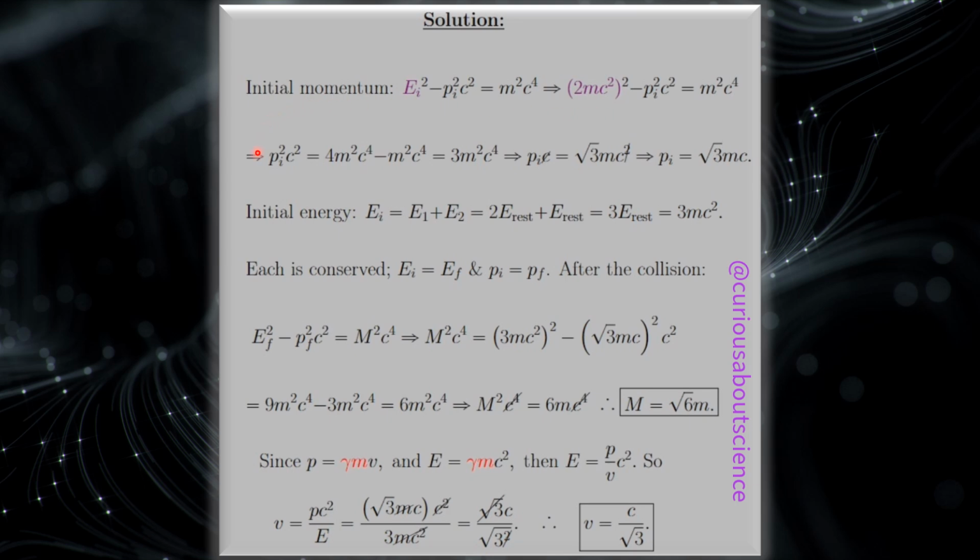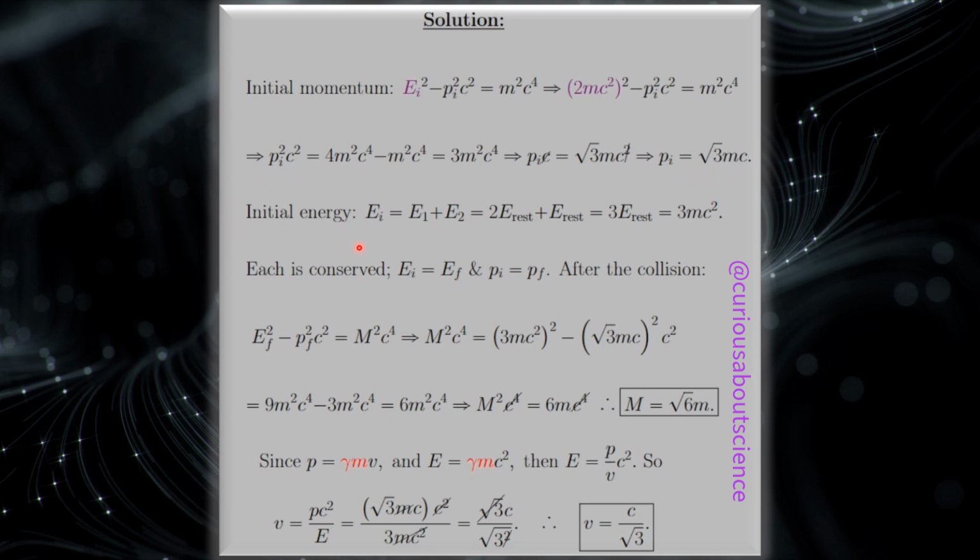Now we just have to solve for the initial momentum p_i by moving everything over, adding that over, minus the m squared c to the fourth, and letting algebra do its thing. We can take the square root of both sides and cancel a c out, so we're left with some factor of mc. So p_i is equal to root 3 mc. Okay, so far so good.